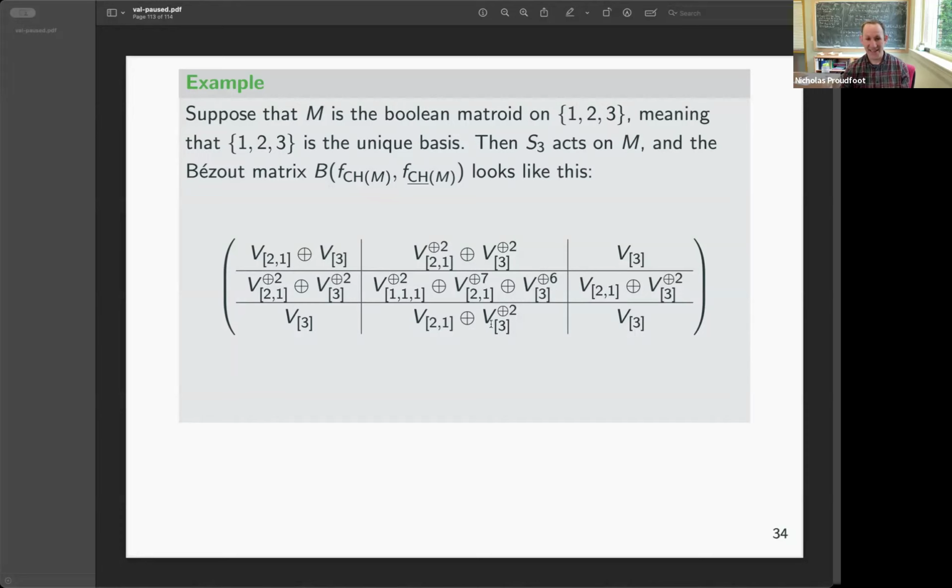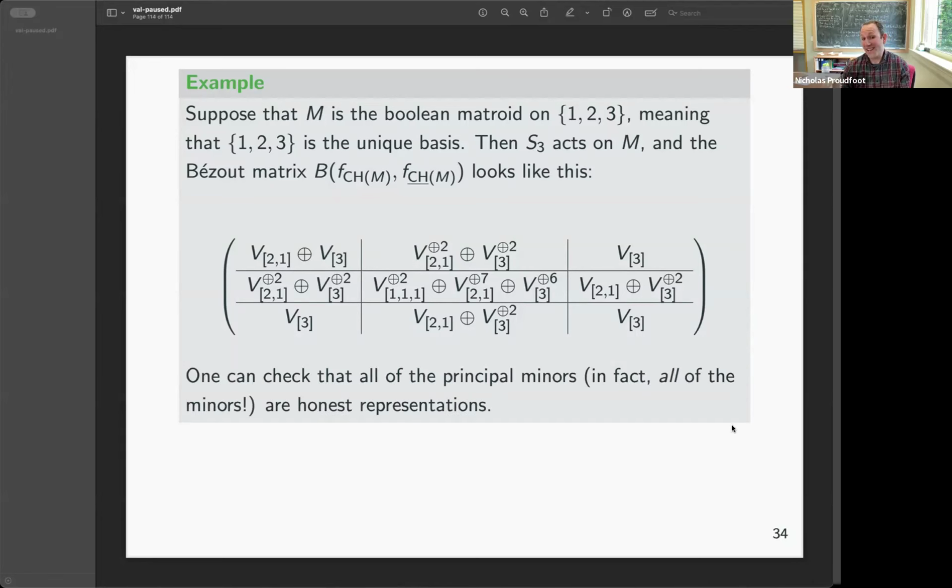It turns out that all the entries are honest representations in this case. Like here, it's the irreducible representation corresponding to the partition 2, 1, plus the irreducible representation corresponding to the partition 3, and so on. And one can check that all the principal minors are honest representations, non-zero honest representations.